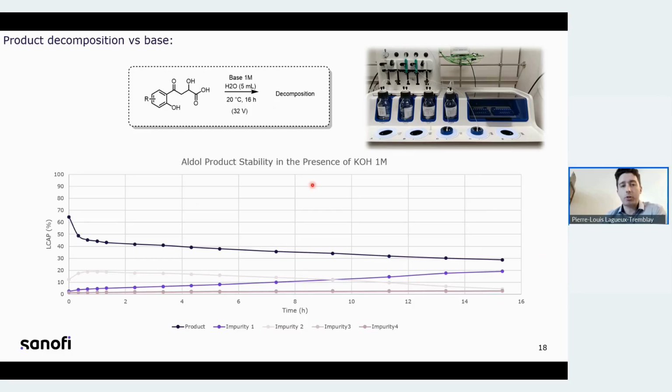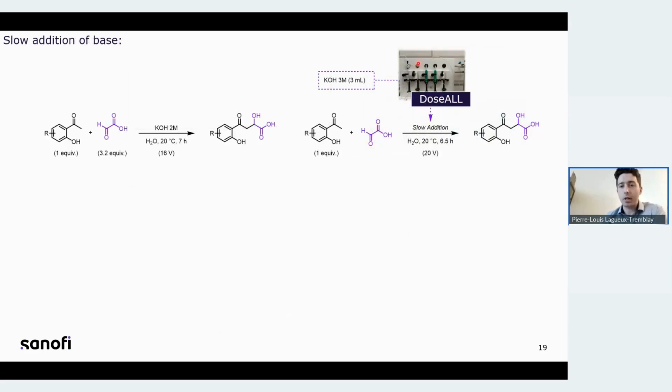So one thing we wanted to do is to see if we can limit the product exposure to the base. Using the dosing unit of the ReactALL, can we run a reaction at higher temperature that will have faster kinetics, but limit the amount of base that you add to the solution by having a slow addition?